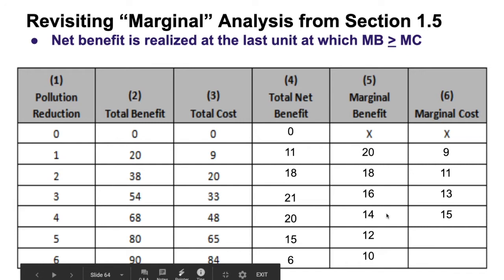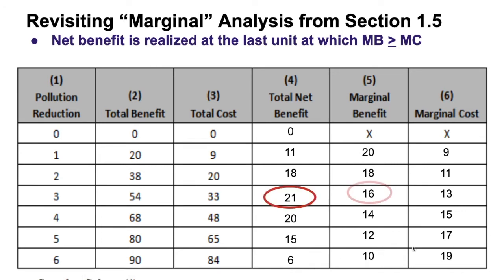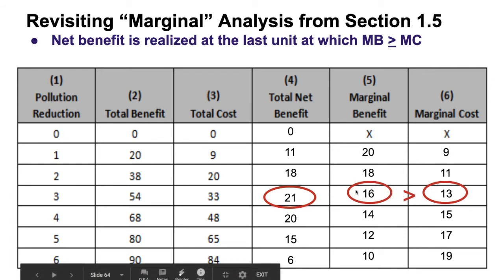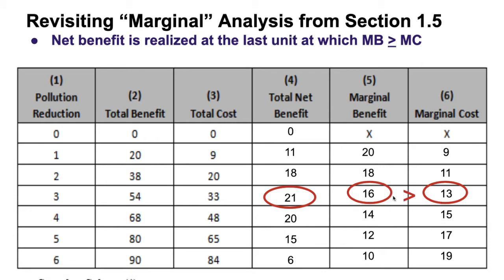So it's chipping away at our total net benefit, right? It goes down from 21 to 20, and then to 15, then to 6. And we don't want to keep doing that. So we're going to stop at the last point where marginal benefit is greater than or equal to the marginal cost of that activity. It doesn't matter what we're measuring it in. This could be dollars. It could be anything.